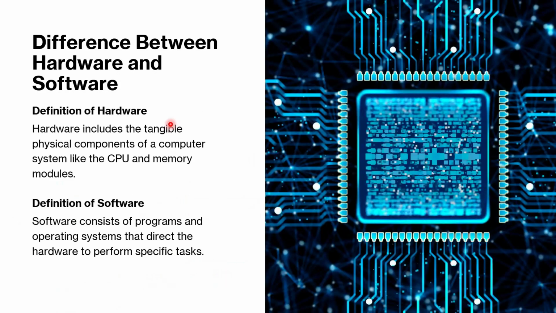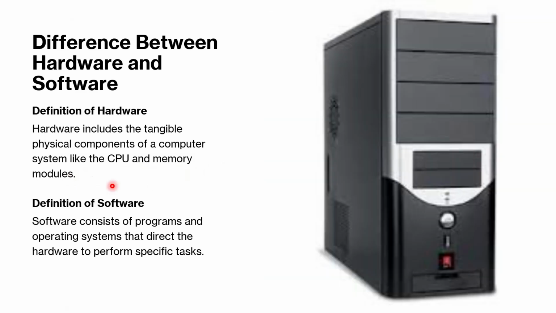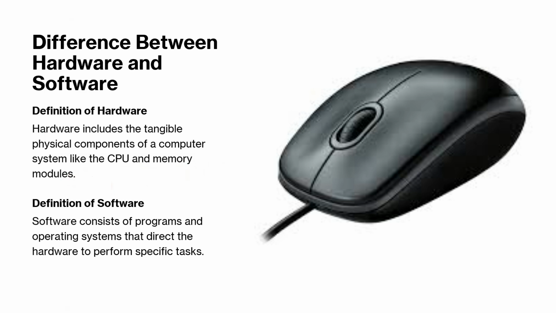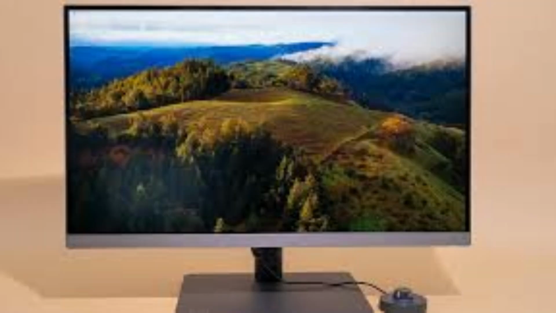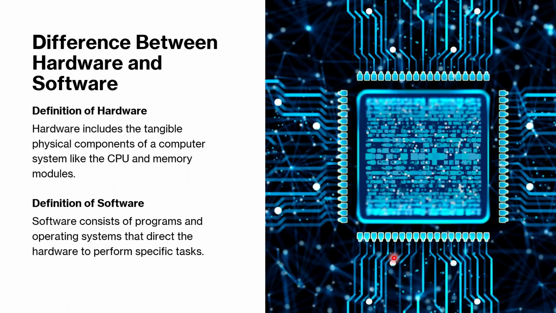Difference between hardware and software. Hardware includes the tangible physical components of a computer system, like the CPU and memory modules. Hardware is the thing that we can touch and feel, like the mouse, the monitor of a desktop, the laptop, and the CPU. So this comes under hardware.